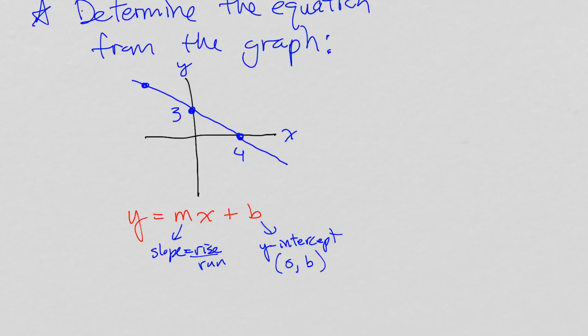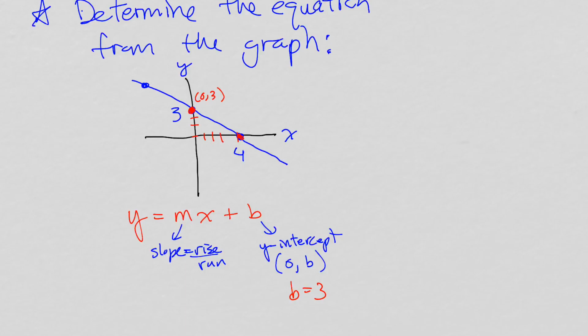The easiest one would be the y-intercept. You just look for wherever it crosses, and it crosses right here. So there's your 0, 3, which means b is 3. And then we want to do the slope. From this point to this point, we can go down 3, and we can go over 4.